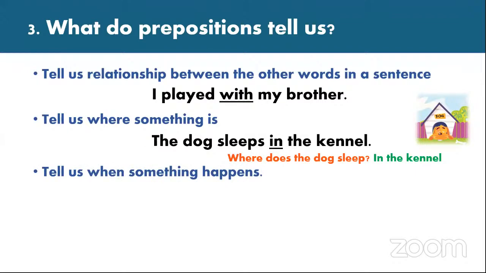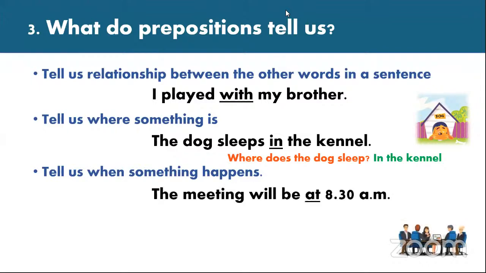Prepositions tell us when something happens. The meeting will be at 8:30 a.m. The underlined word at is the preposition here. So, when will the meeting be? The time.